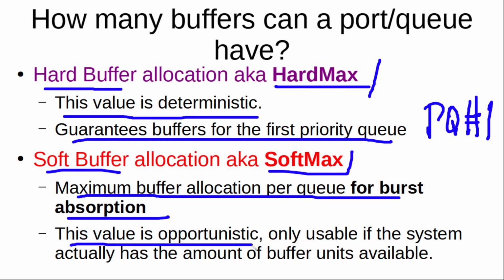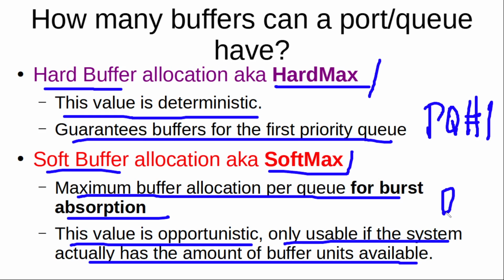It doesn't mean that this particular queue in this port has this amount of buffers. It can grow up to that, but this amount of buffers is only usable if the system actually has the buffer units available. So dynamic threshold and scaling will provide you with SOFTMAX buffers if there are buffers available.